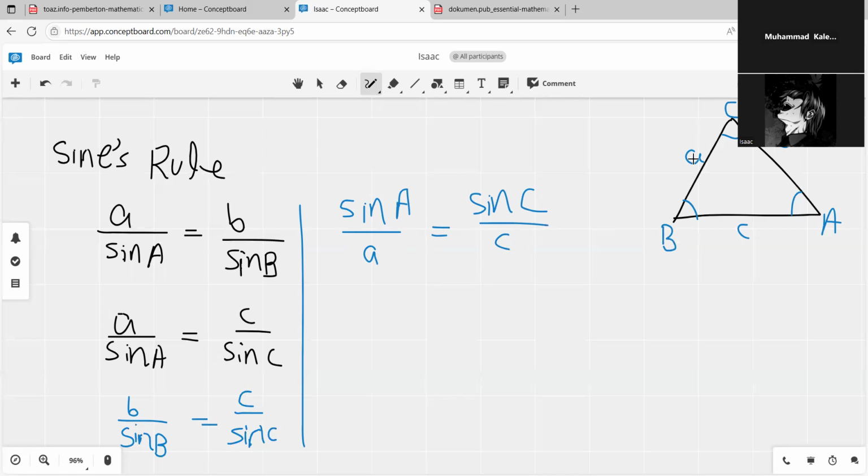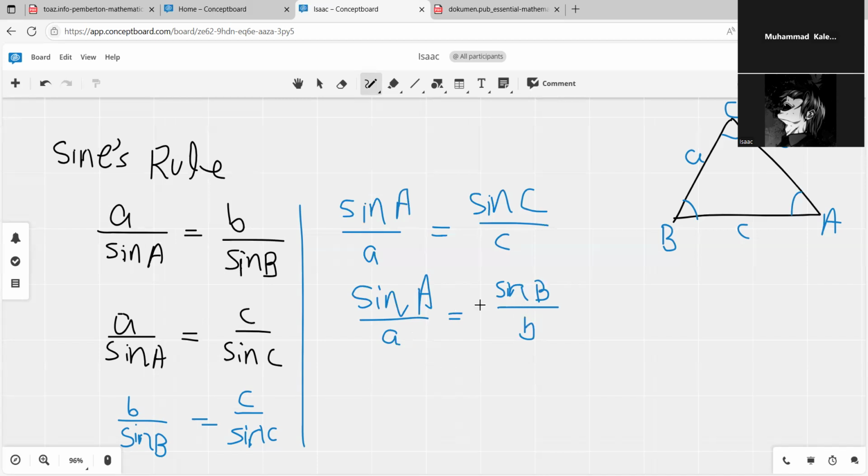If we are given angle C, side c and side a, and they ask about angle A, just use this formula. If they give us angle A, side a, and they ask about angle B, and side b is also given, then you have to use this formula.